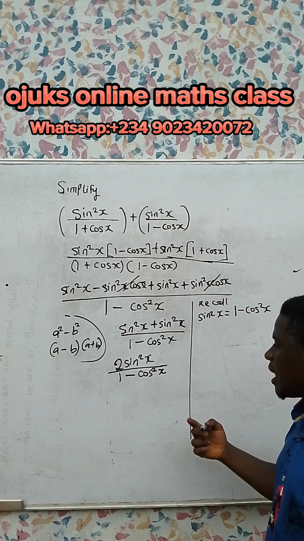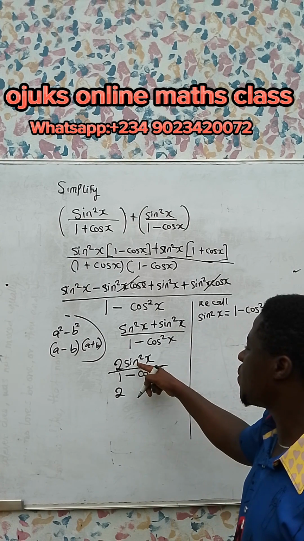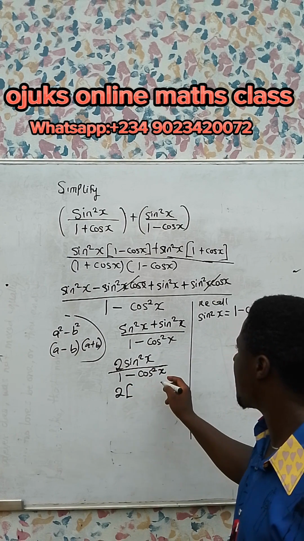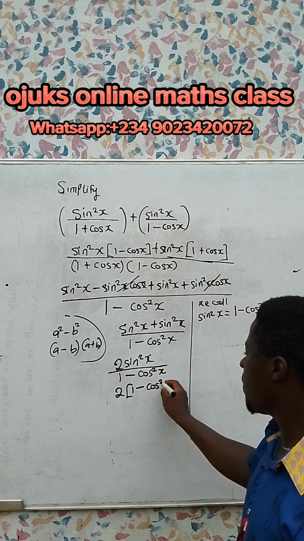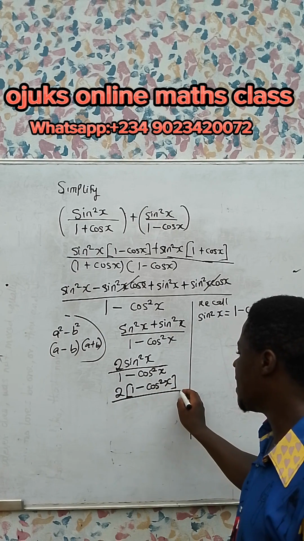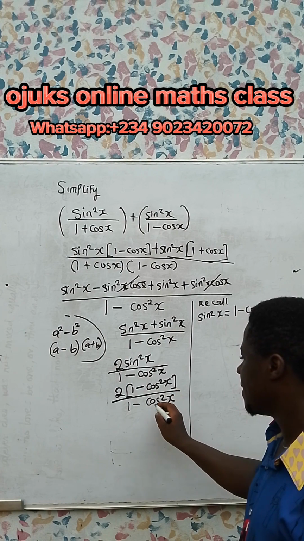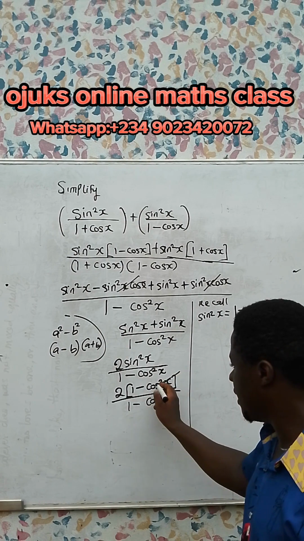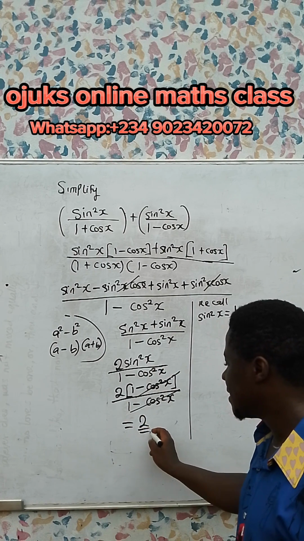If we do that, we're going to have 2 in bracket 1 minus cos square x divided by 1 minus cos square x. So in return, this will cancel out this. So we are left with 2 as the result.